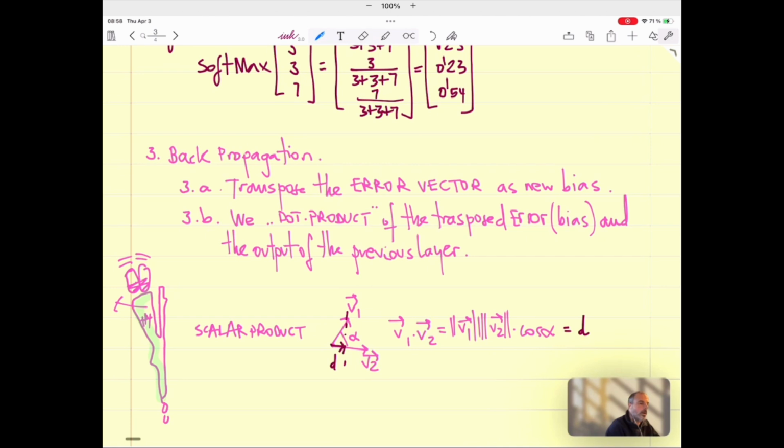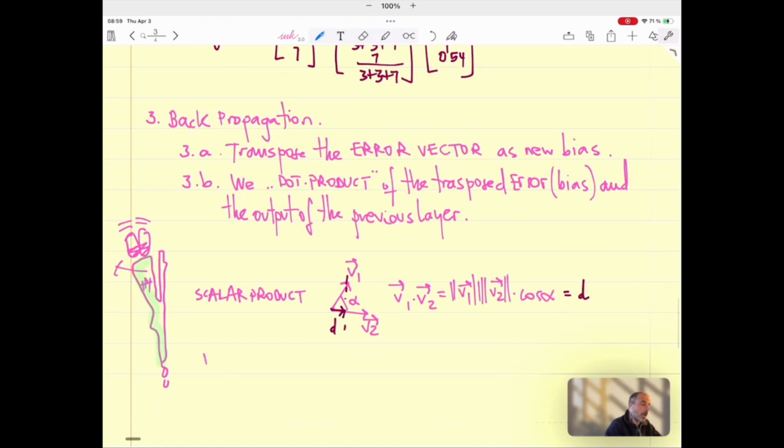But when we do the dot product, we do something different, and we do this in deep learning because it's useful to extract features. If the vector 1 has coordinates x1, y1, and vector 2 has x2, y2, what we do is we get a new vector x1 times x2, y1 times y2.